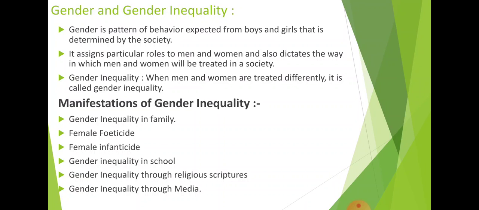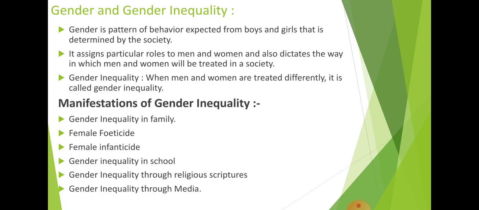Now, how does gender inequality manifest as other kinds of inequality? First of all, let me give you the example of gender inequality which is created in the family. Family is the first influence in a child's life. It is the first school of a child where gender inequality begins.